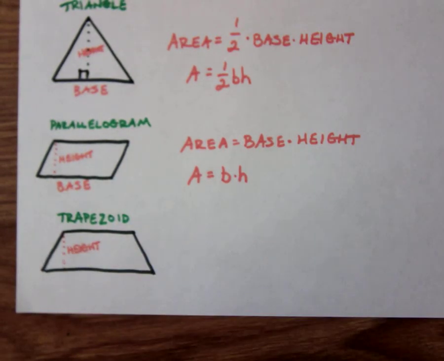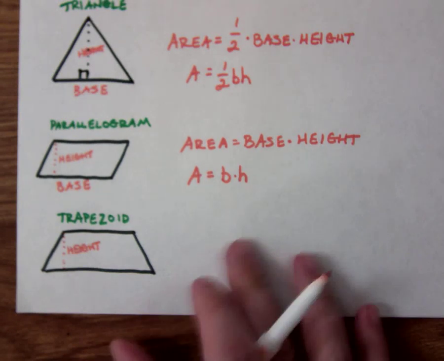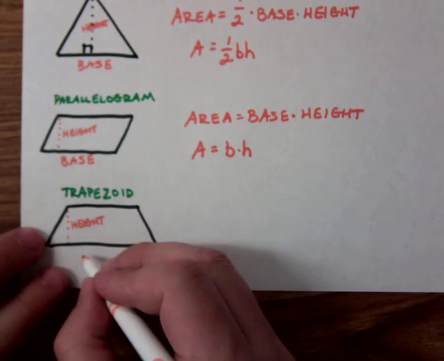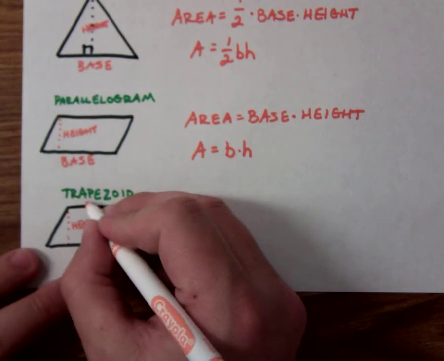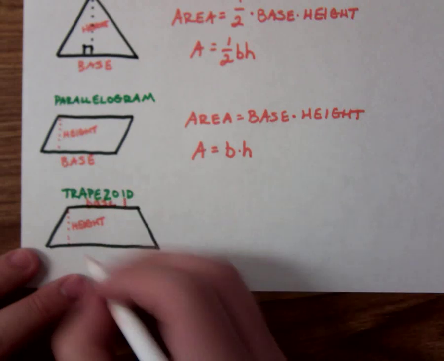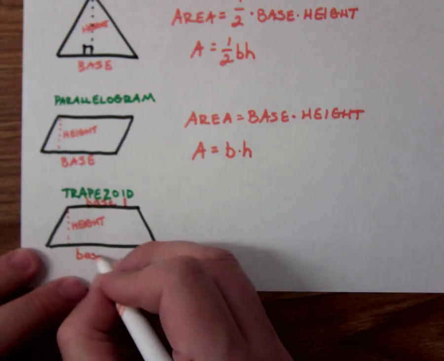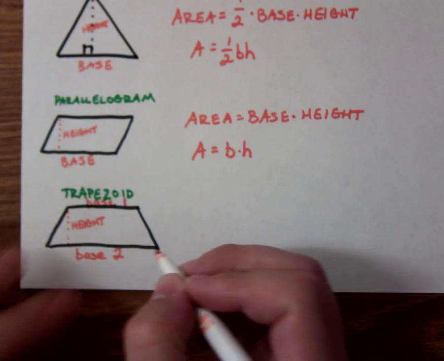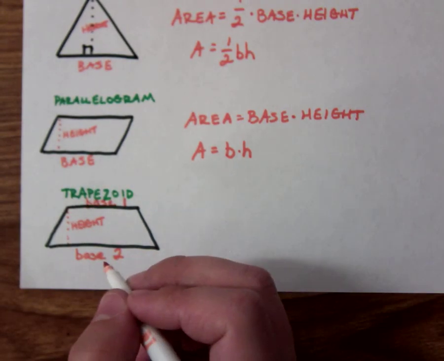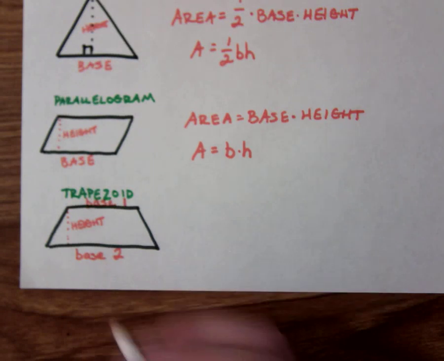A trapezoid, though, we also need to know the base of the trapezoid, and because the bases are different, we call this base 1, or the top base, and we call this base 2, or the bottom base. We call it one base and other base, whatever you want to call it.